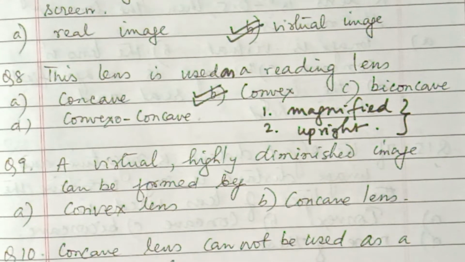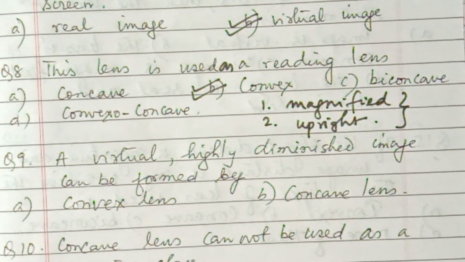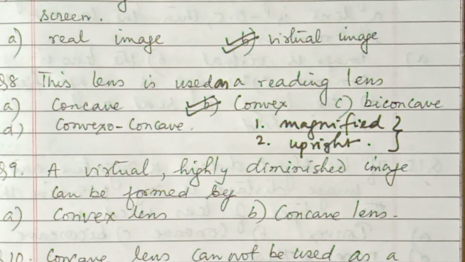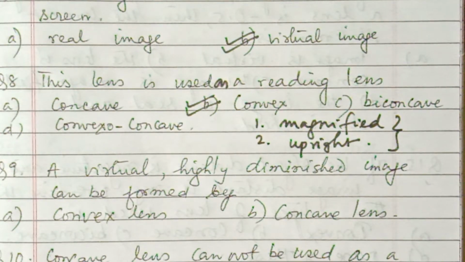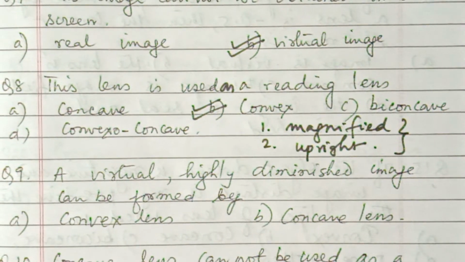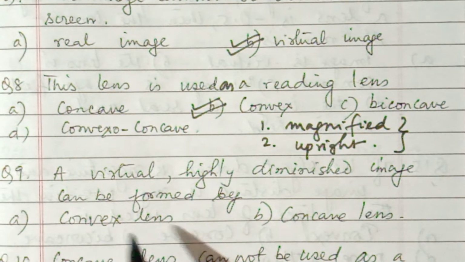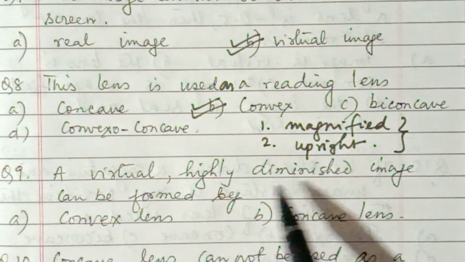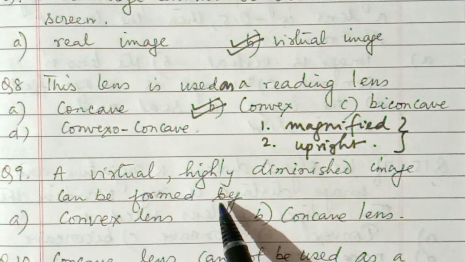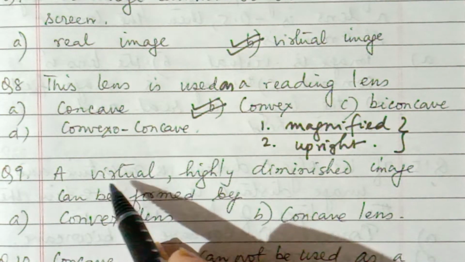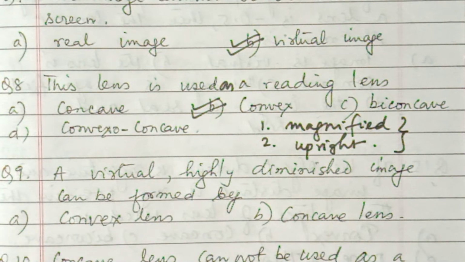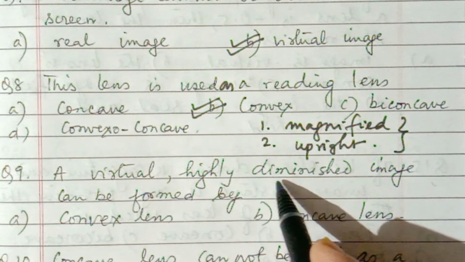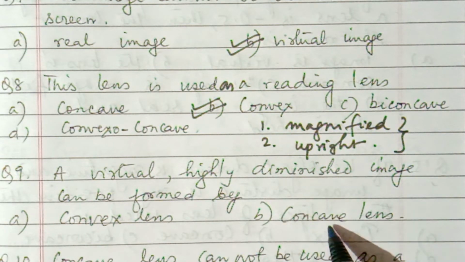Okay, next question number 9. A virtual highly diminished image can be formed by which lens? A virtual image can be formed by both convex and concave, and a diminished image is formed by concave.